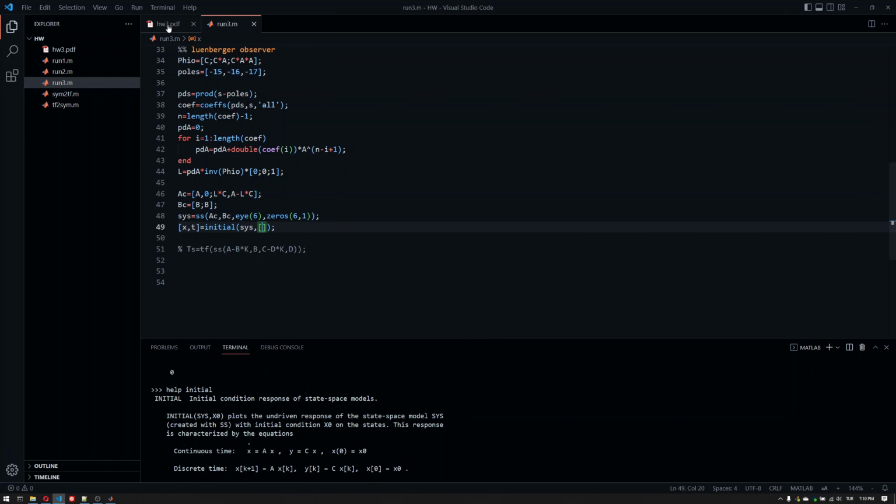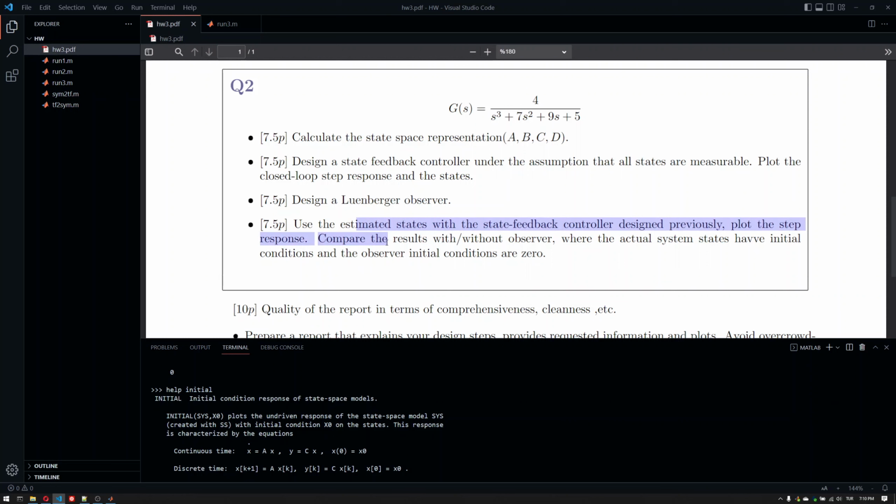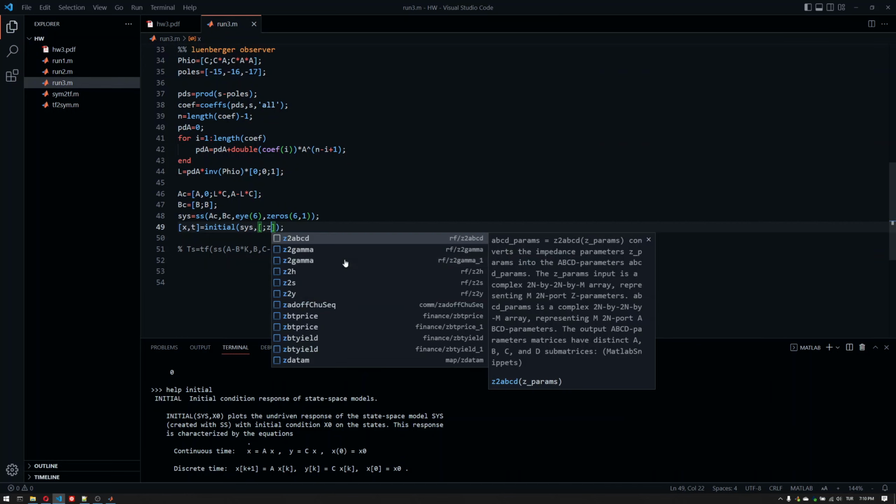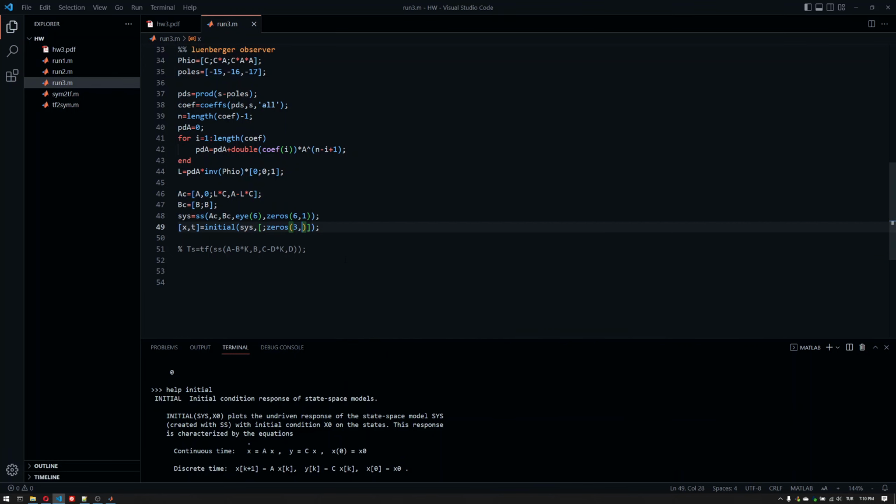In the PDF, you can see that actually here with the controller, but I'm doing it without the controller now. You should provide initial conditions to the system, but 0 initial conditions to the observer. So let's do that. Let's have, for some reason, ones(3,1), and then maybe 10 times ones.